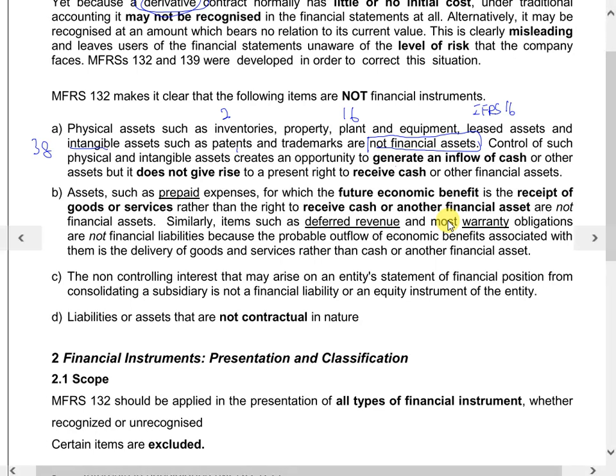So prepayment is about future economic benefit, not cash, and therefore it is not a financial asset. Can you see how powerful the words are, contractual rights to receive cash? You do not have any rights to receive cash, so it is an asset, but not a financial asset.